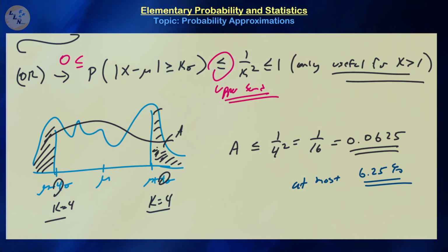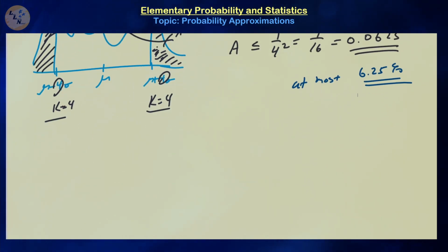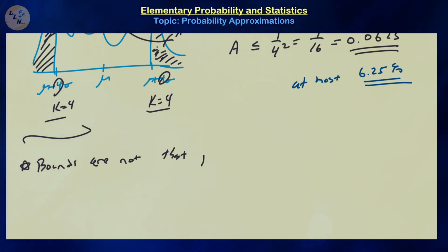So that is what Chebyshev's theorem does. It gives you approximation bounds on symmetric distances from or within the mean and also beyond the mean, because they're of course complements of each other, right? So of course these bounds are not that precise, right? So it's not that precise.